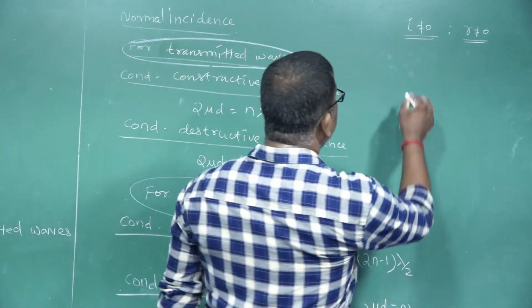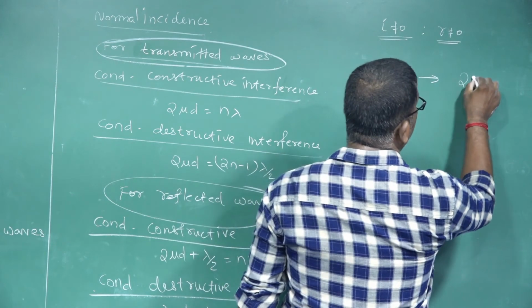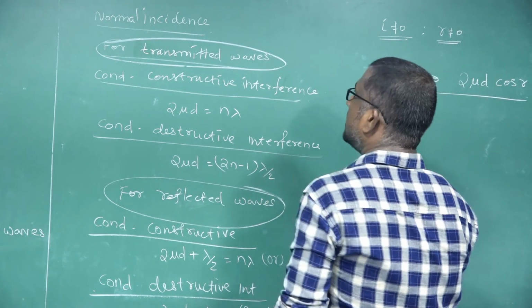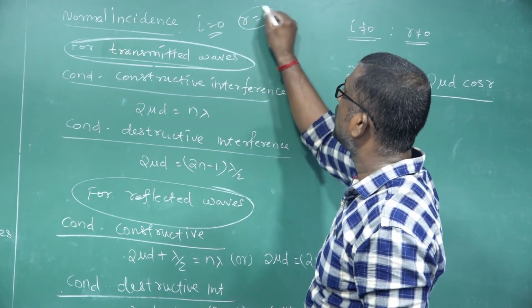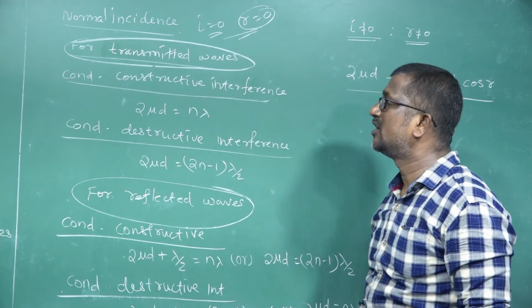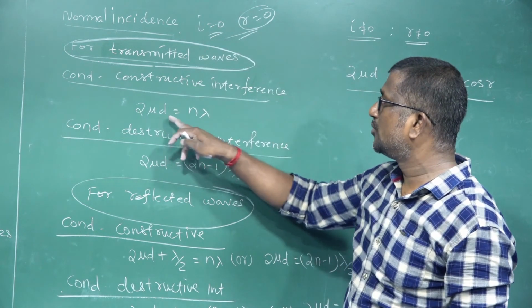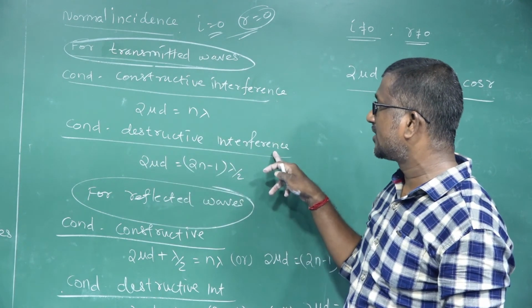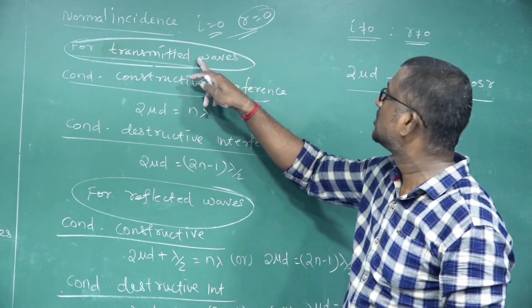That is, instead of 2μd, we should write 2μd cos r. If the angle of incidence is 0, the angle of refraction is also 0. In that case, for transmitted waves, constructive interference is 2μd = nλ and destructive interference is 2μd = (2n−1)λ/2.